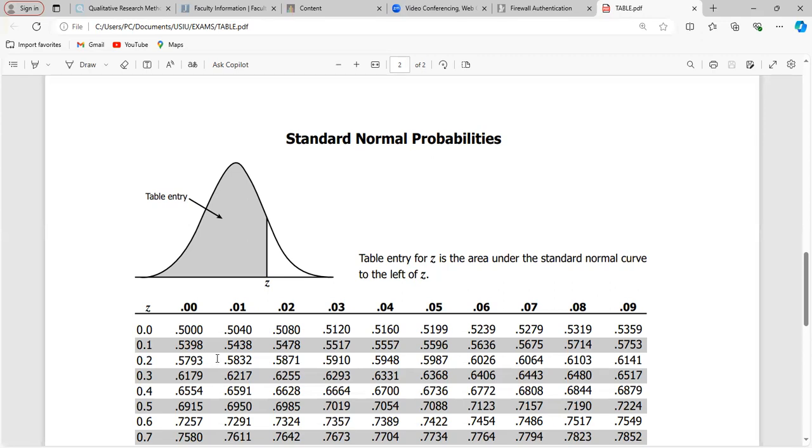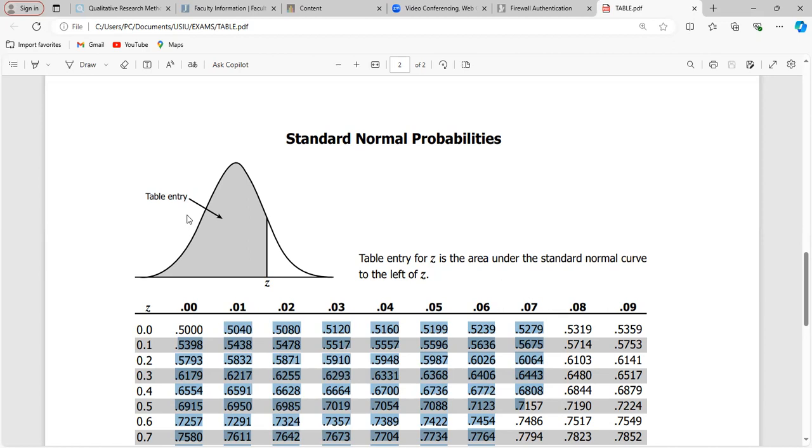But the body of this table has areas to the left of a Z. So you are not going to look for 0.05 in this table. No. You are going to look for the area to the left of a Z. So you are going to look for 0.9 what?